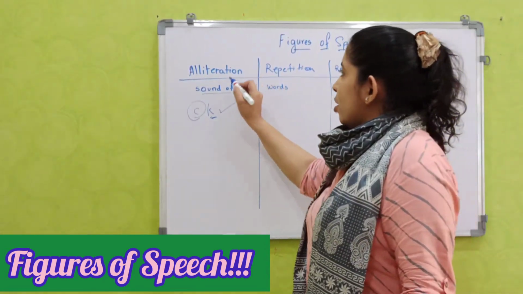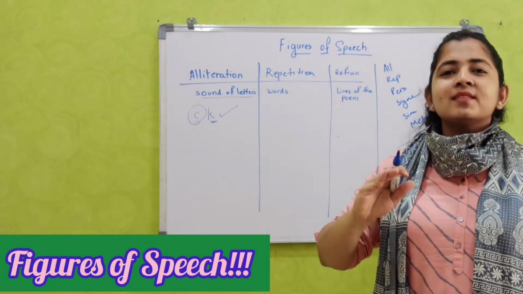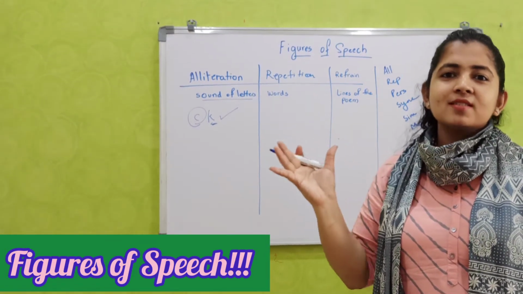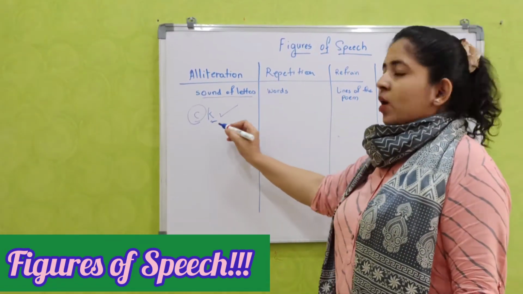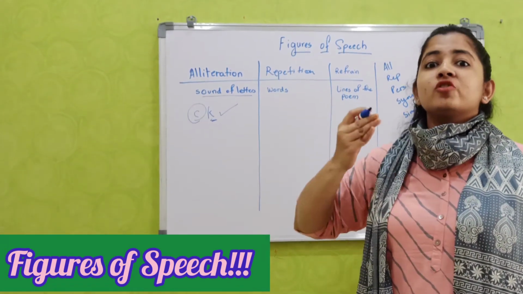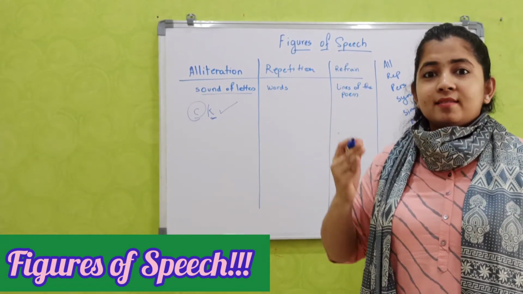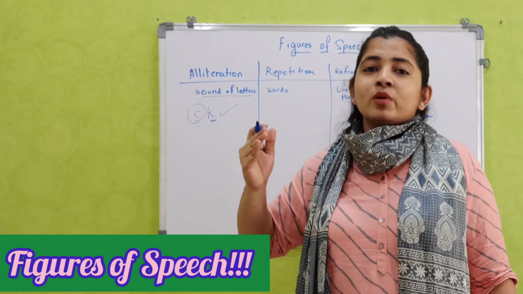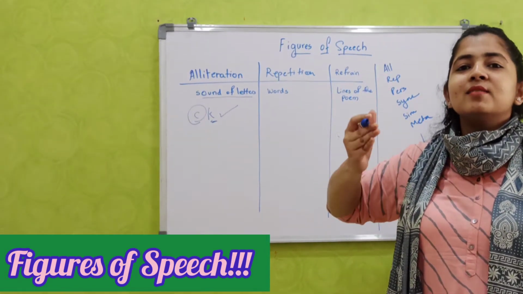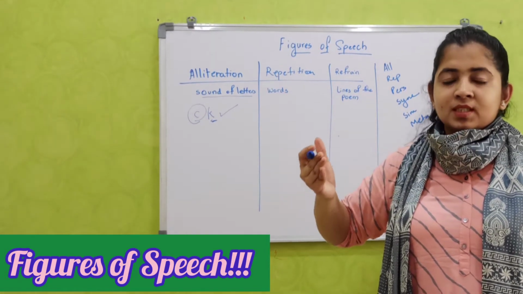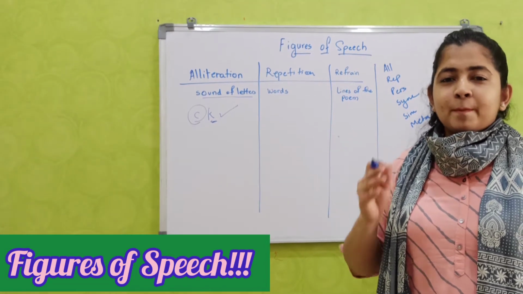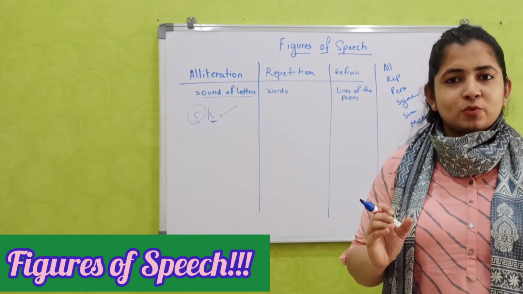Now to just minimize the complications, what is alliteration? Alliteration is the repetition of the sound in the entire line of the poem to enhance the beauty of the poem, to make that impact into it.